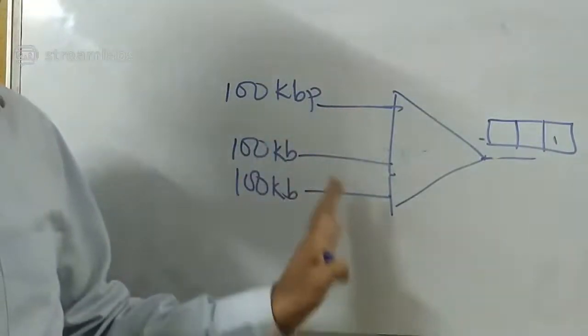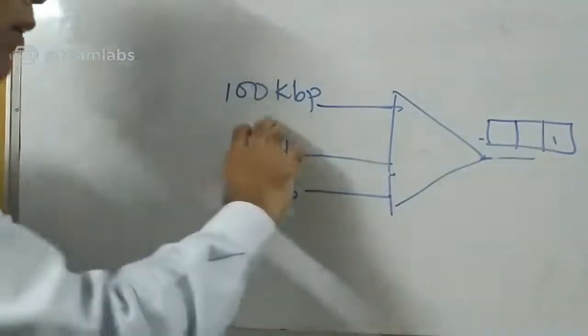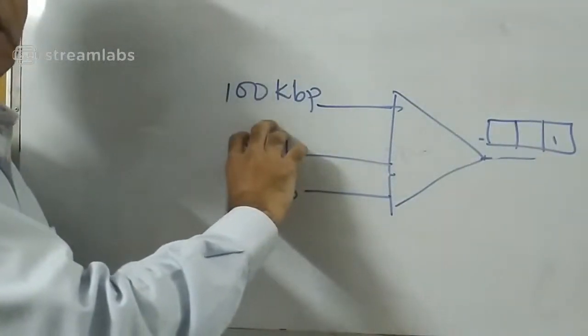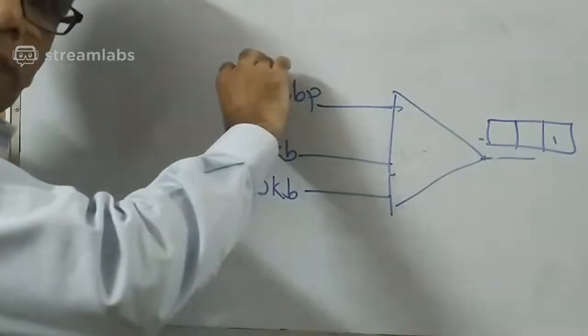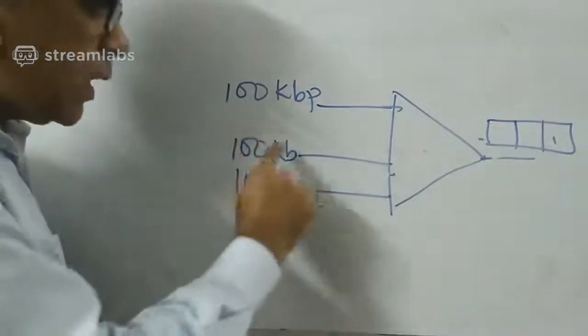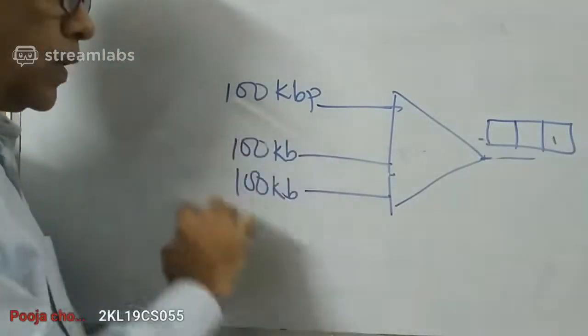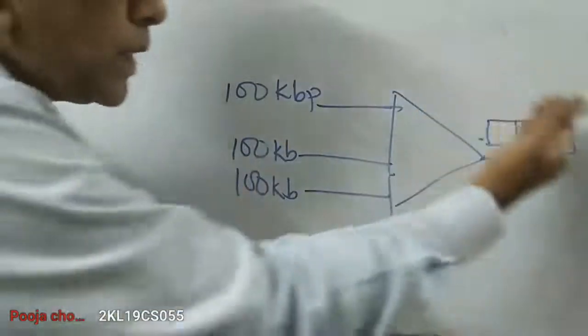But when I have more capacity compared to the other inputs, we reserve multiple slots for this particular input. This input will have multiple slots in the frame.